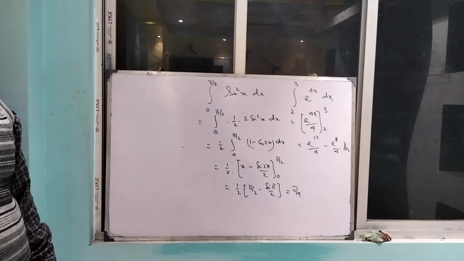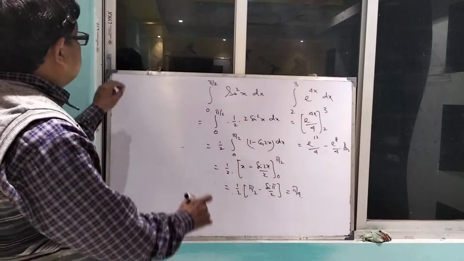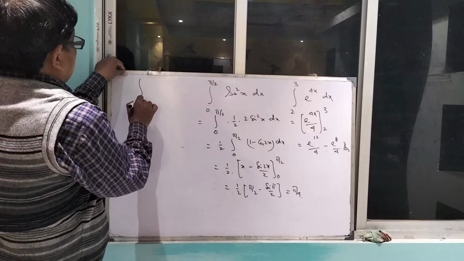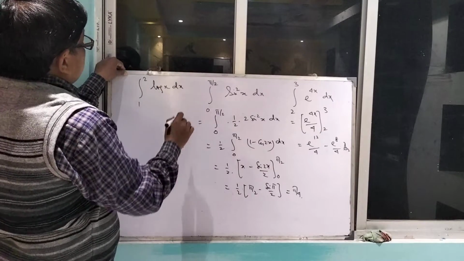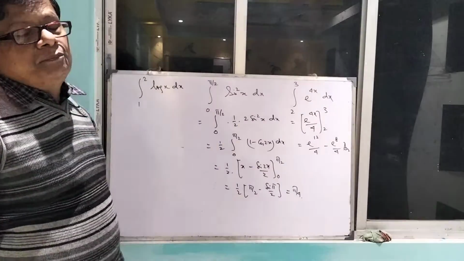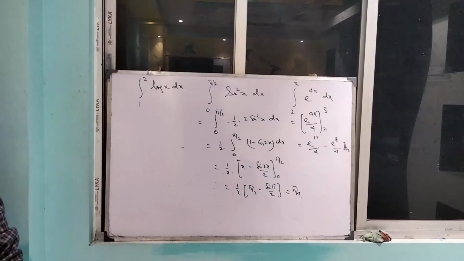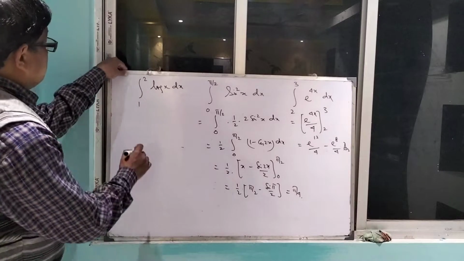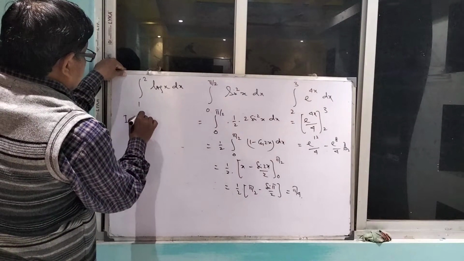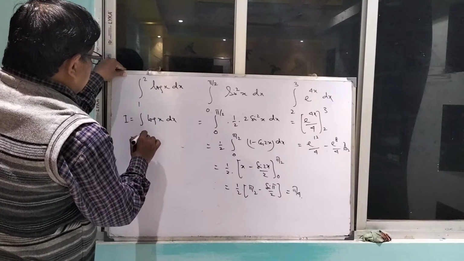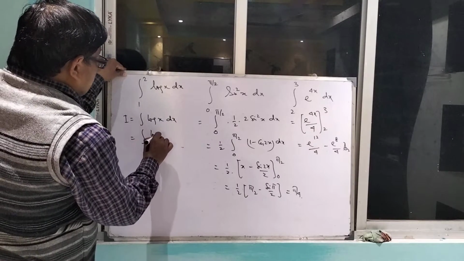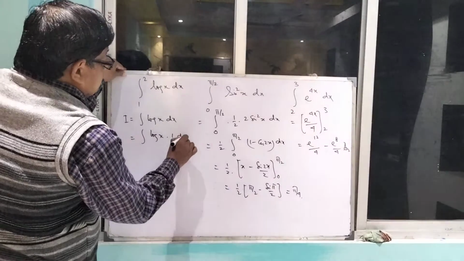Okay, all of you understood? Suppose I am doing integration 1 to 2 log x dx. So log x we will do by parts. Okay, all of you know the by parts method. Now I am showing, let I equal to integration log x dx. Now we can write log x into 1 dx.